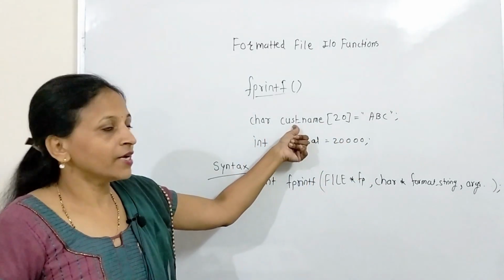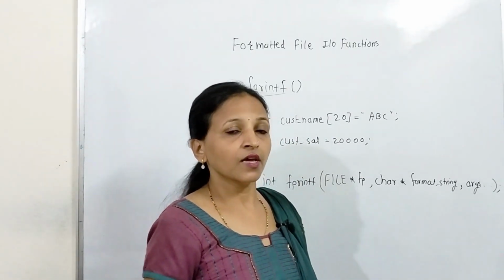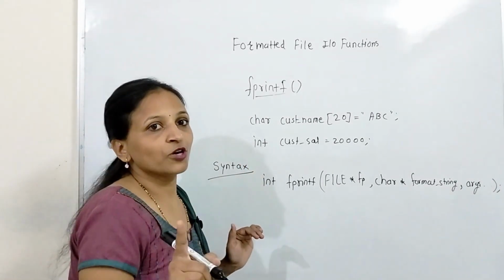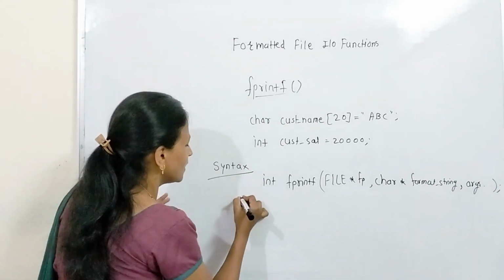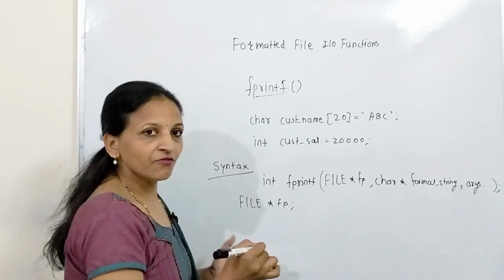Now I want to write this customer name and customer salary inside a file. Then how can we do that? For that, first we have to declare that file pointer. It is always compulsory. Let FILE star fp. Now we have to open that file first.